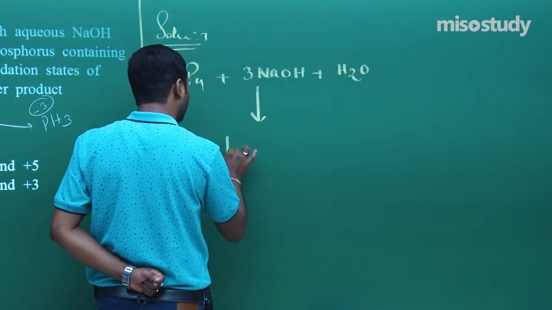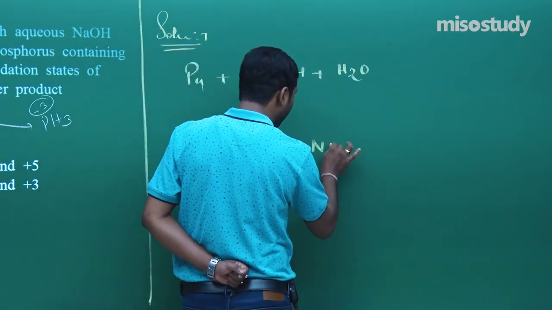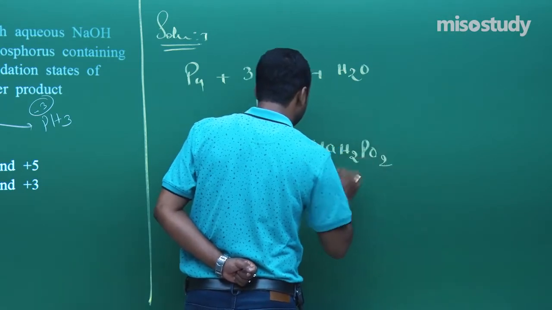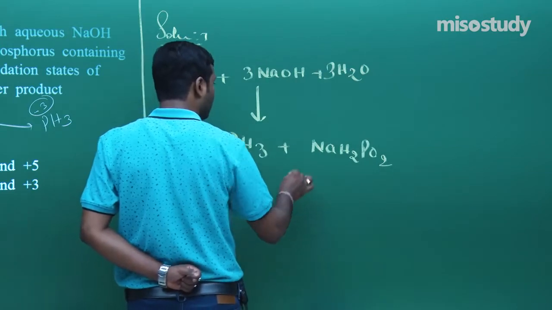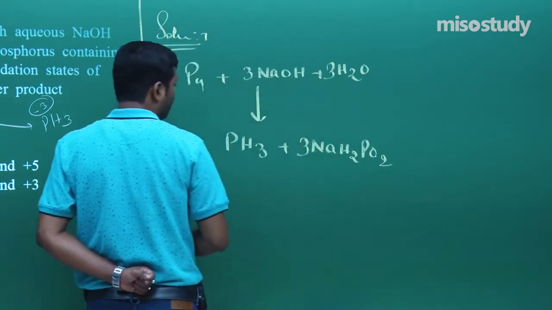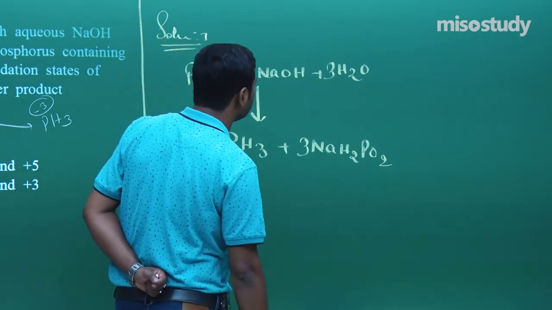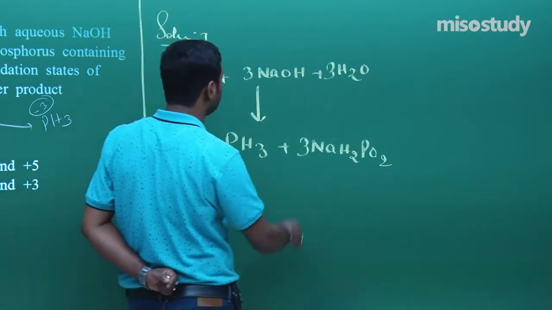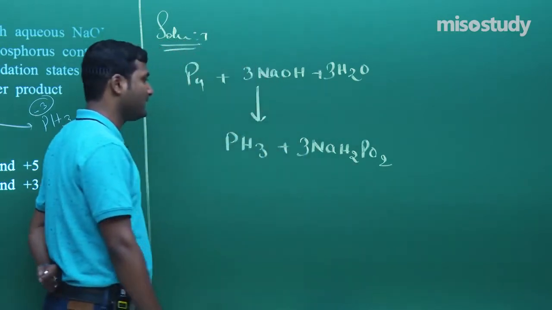It gives you PH3, then NaH2PO2. Now balance it. Put 3H2O, put here 3 NaOH, PH3, P4, 3 NaH2PO2. Now hydrogen: 3 times 2 is 6 and 3, 9. Oxygen: 3 and 3, 6, 3 times 2 is 6. Okay, this is the balanced reaction.